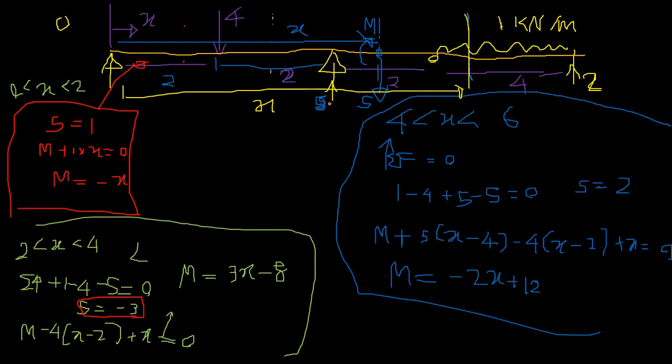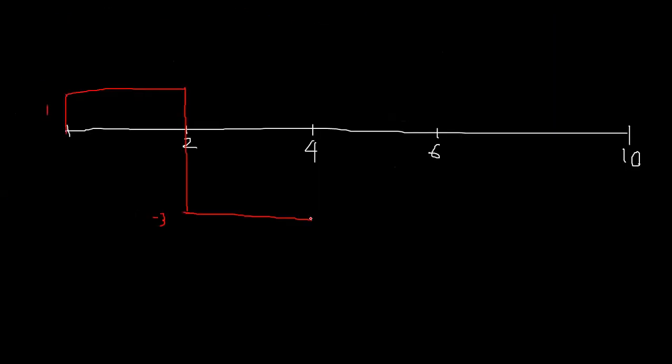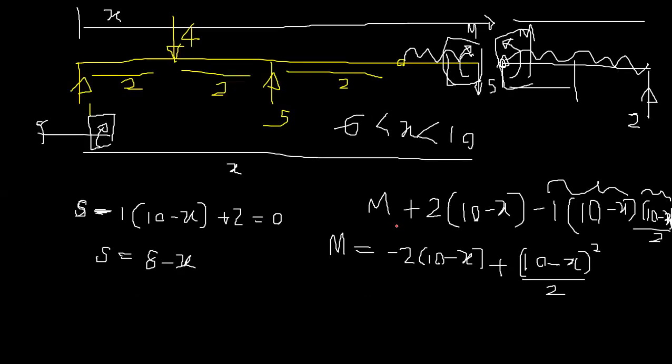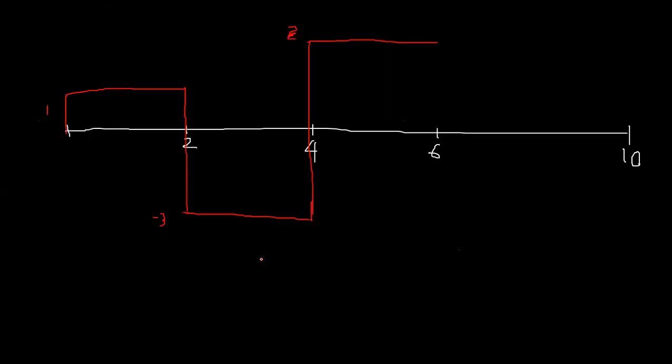Then you have 5. You are at minus 3, and you suddenly have plus 5, so you go up by 5. Altogether that is plus 2, and that remains unchanged until you go here. Then your shear force is 8 minus x. At x equals 6, it is 2, since 8 minus 6 is 2.